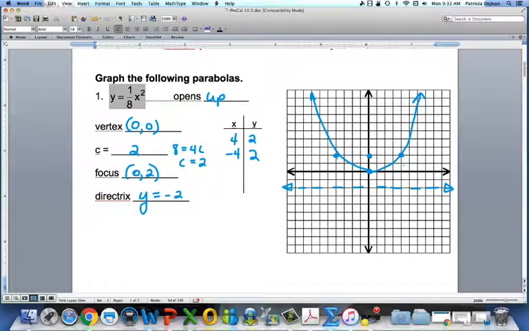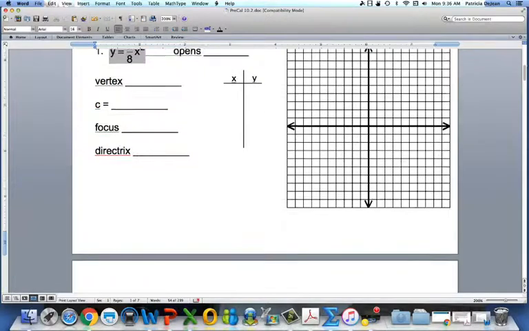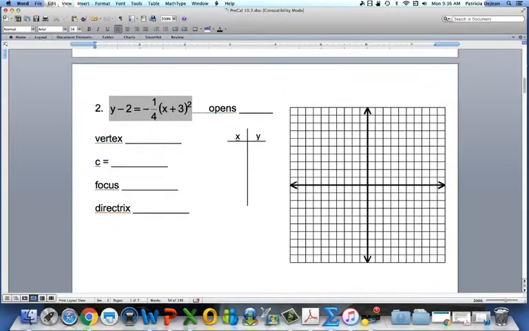So let's look at our next problem. This one does have a different vertex. And remember, it feels like we changed the sign. So let's look at our vertex. Our vertex is going to be at negative 3, 2.